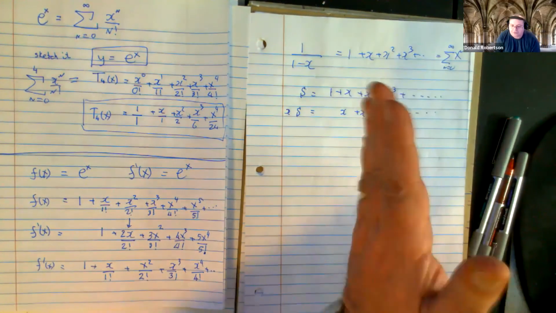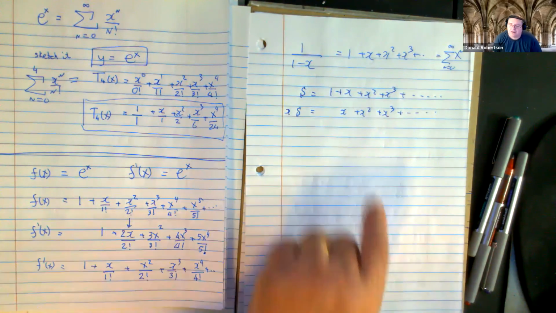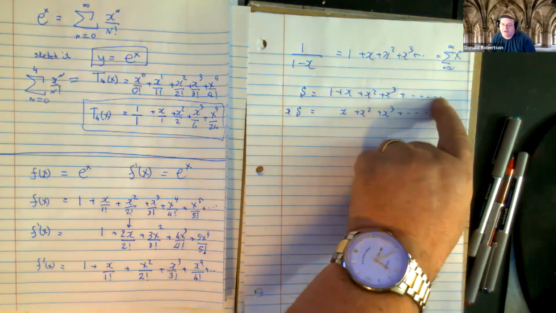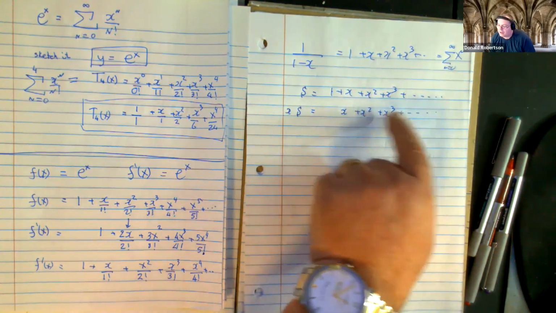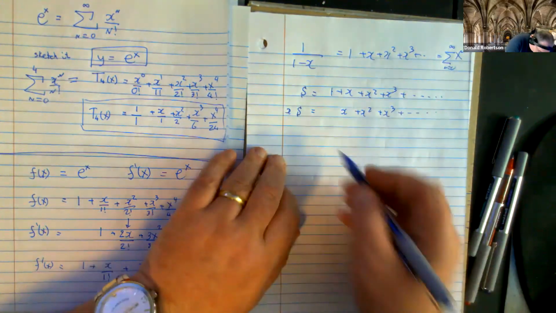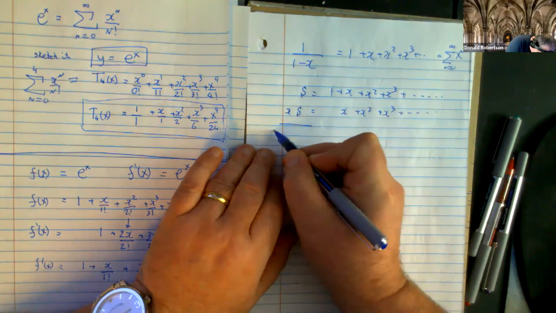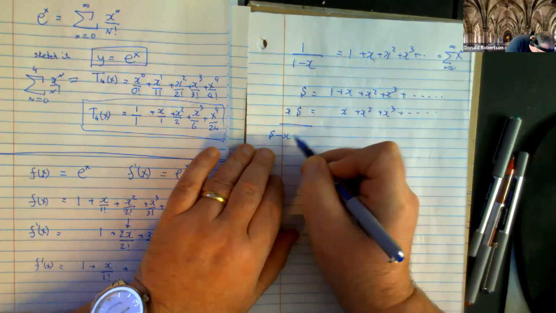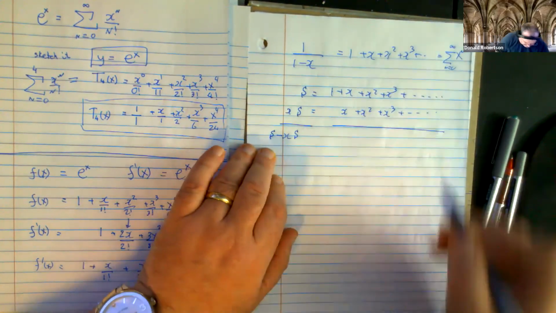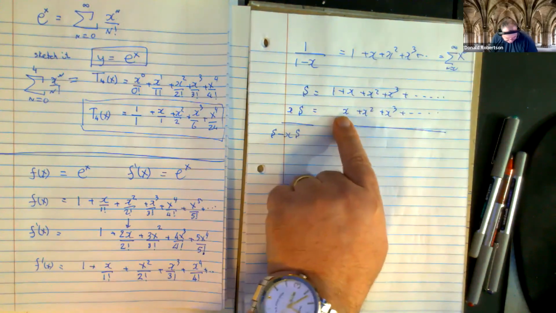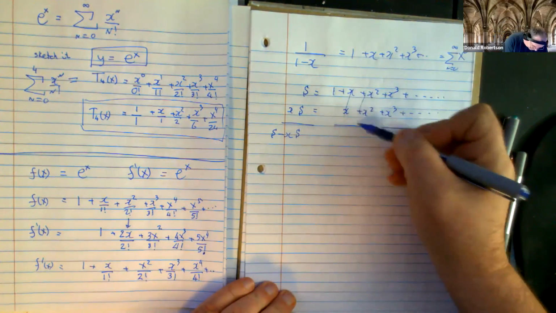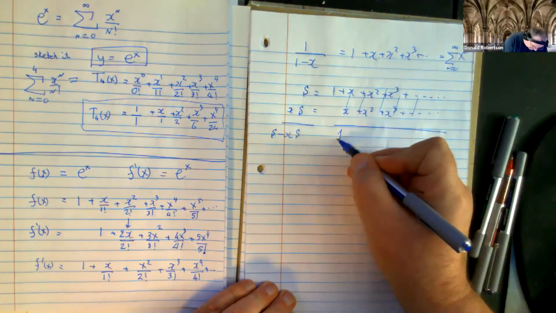And I've moved them slightly to the right to make it easy. So this is what S is, then x times S will look like this, right? It'll just be a higher power. Then what you do is you take the top and subtract the bottom. If you take this polynomial, which is infinite, and you subtract this one, don't all of these cancel each other out, and all you're left with is 1.